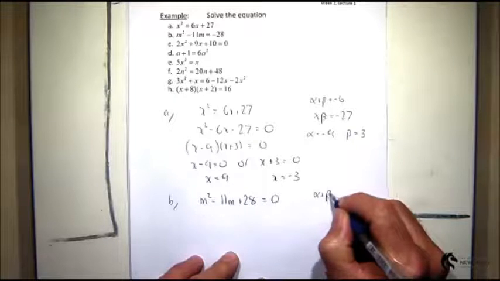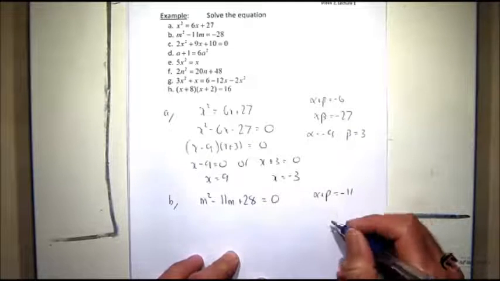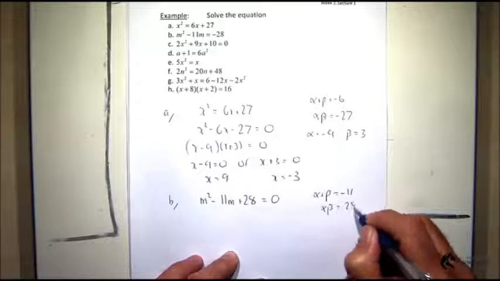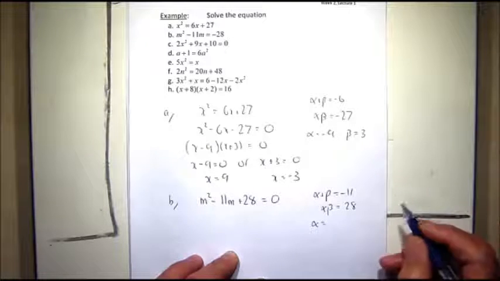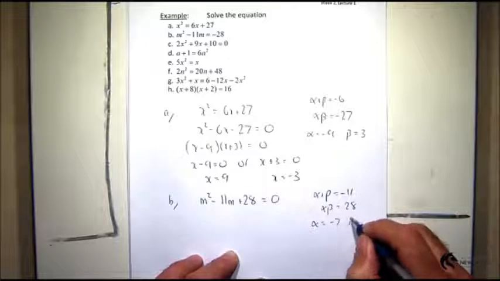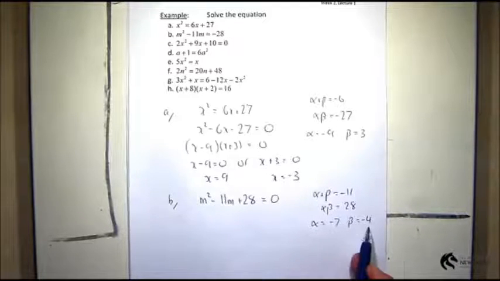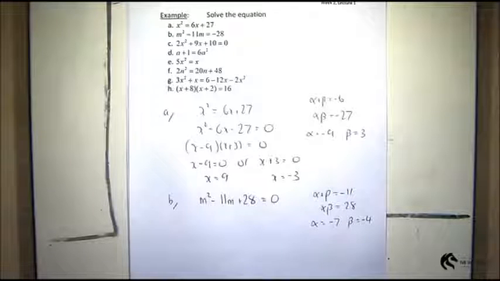Alpha plus beta is equal to minus 11. Alpha times beta has to be plus 28. So I would suggest to you something like minus 7 and minus 4 would work. Minus 7 times minus 4 is 28. Minus 7 minus 4 is minus 11. So there are my things.